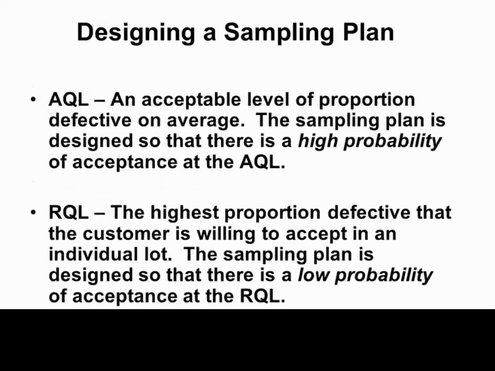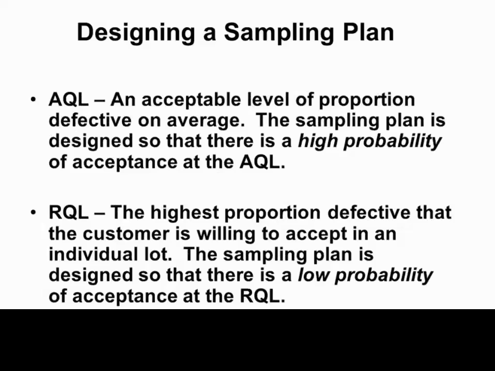Okay, so let's just define these. The AQL, I mean, it says acceptable, so it kind of gives it away. It's a level of quality, and by quality, we're talking about proportion defective. It's a quality level that is, I hate to say it's acceptable, it just doesn't sound right, but it's small enough that we're okay with passing lots of this level of quality.